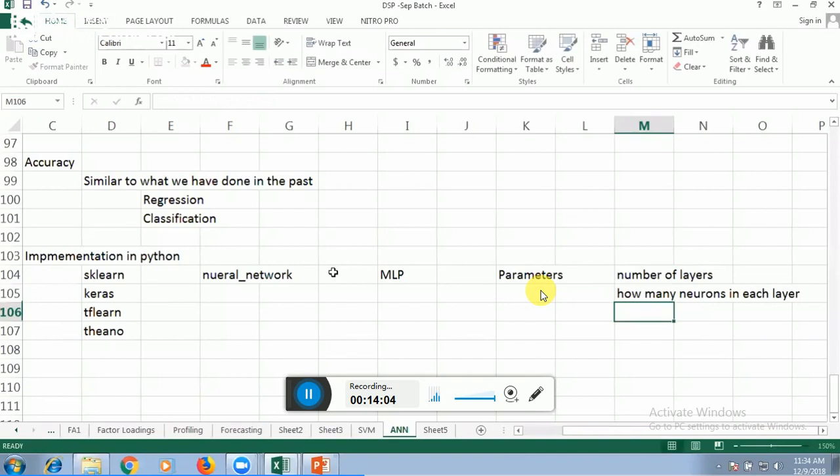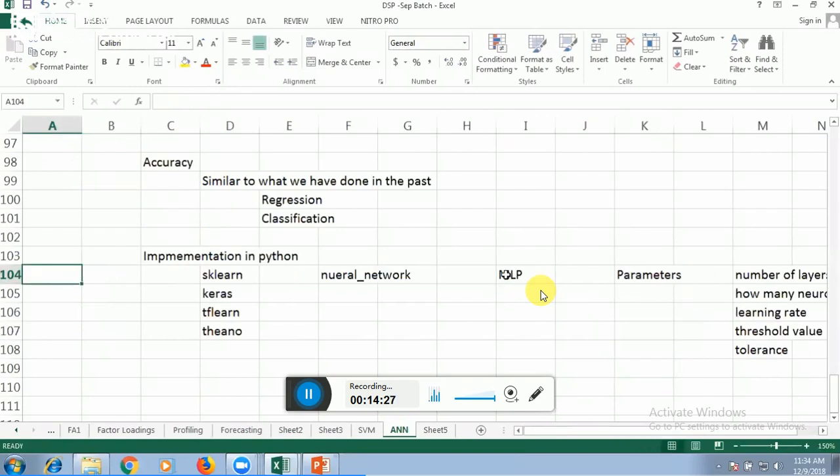And if you want to add a learning rate or a threshold value or a tolerance, you can supply it. If you don't supply them, it will take default values. Does that make sense? Okay, perfect. So now let's do this implementation part.